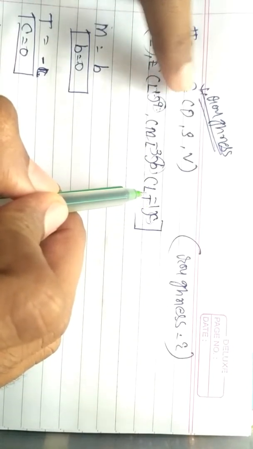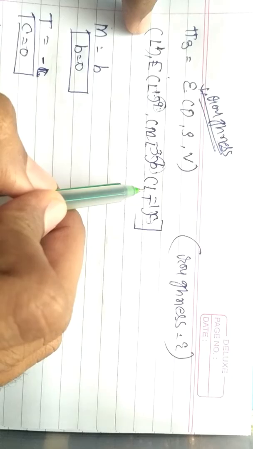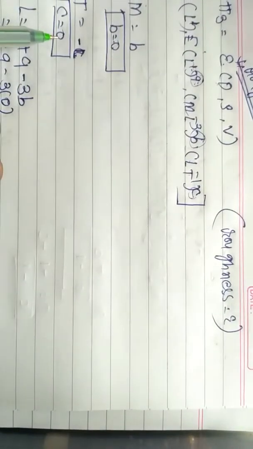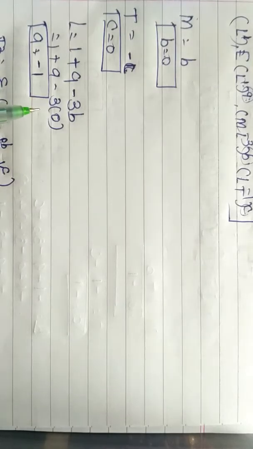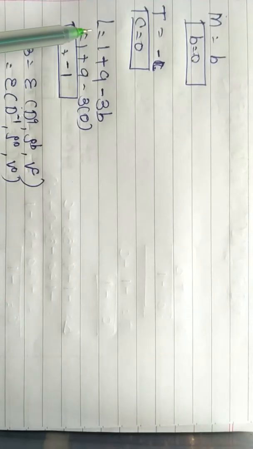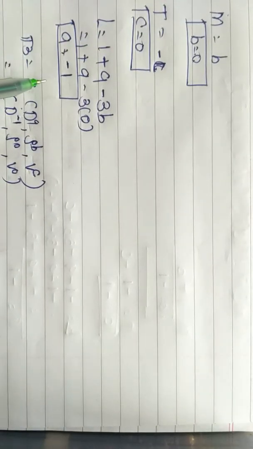Instead of epsilon, D, rho and V we convert into MLT form. So b equals 0 and c equals 0, because the same procedure was followed earlier for pi1 and pi2, so it is not followed again. Now L equals 1 plus a minus 3b, so a equals -1.